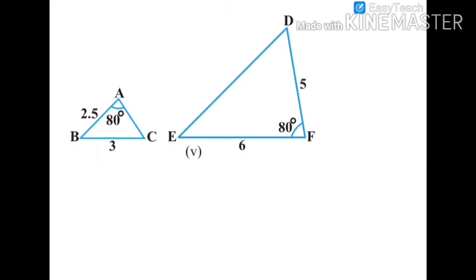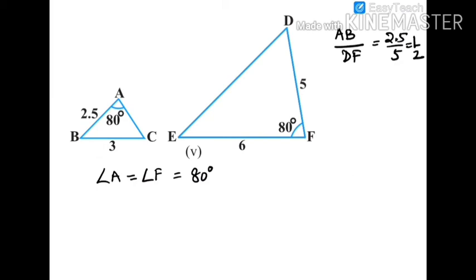Fifth pair of triangles. From the figure, we can see that angle A and angle F are equal. Each is 80. And AB corresponds to side DF. So let's find the ratio. AB upon DF is equal to 2.5 divided by 5, which is equal to 1/2.